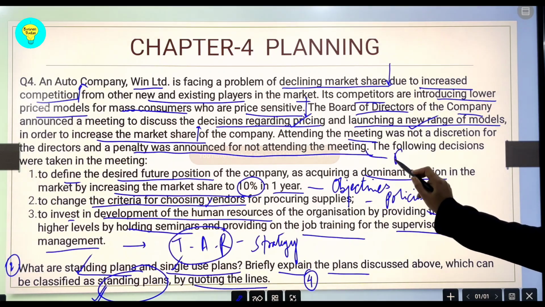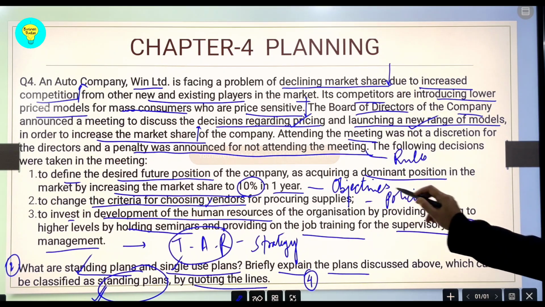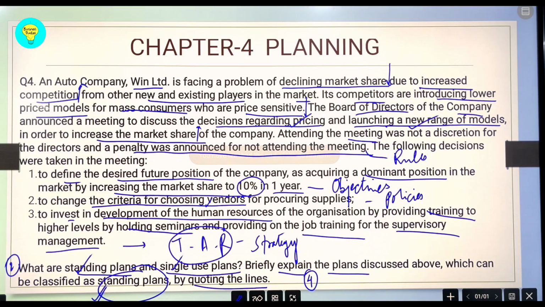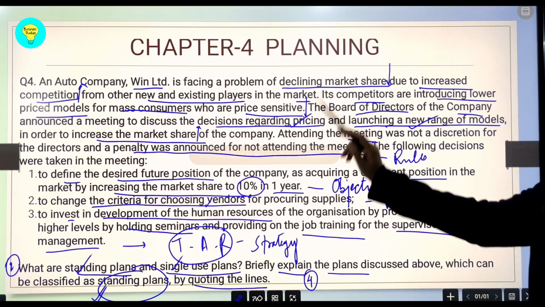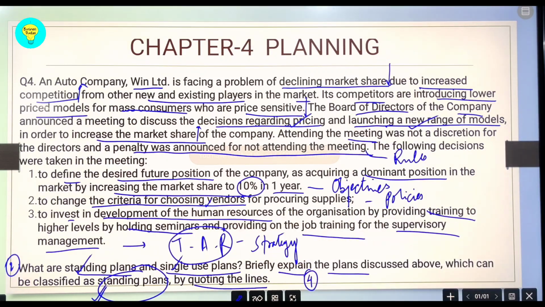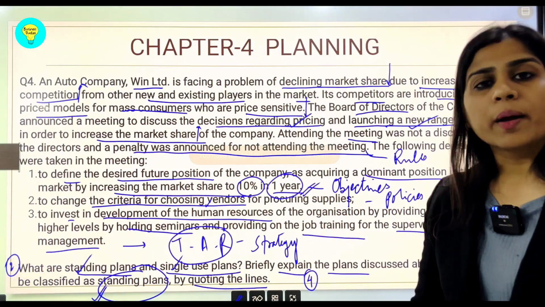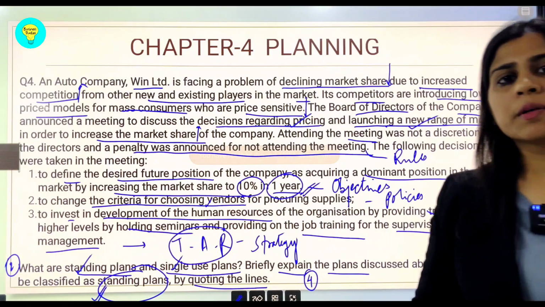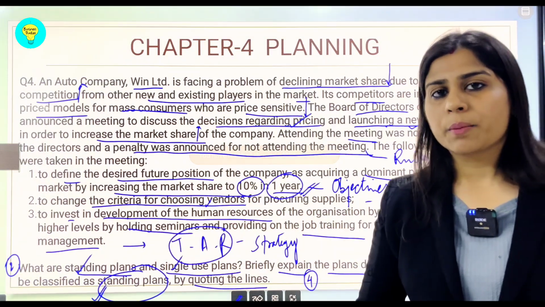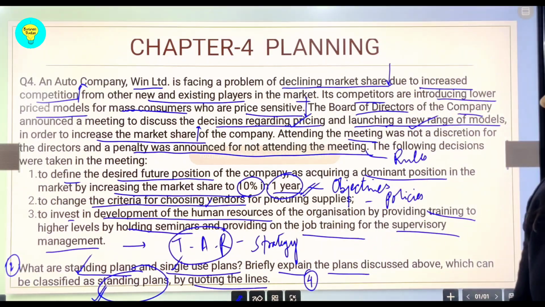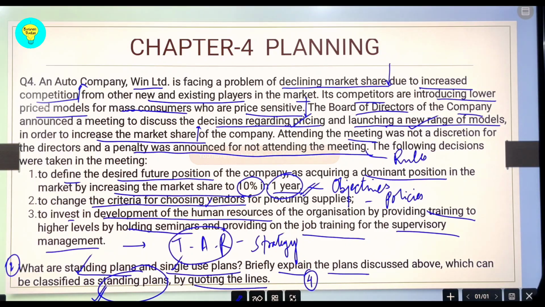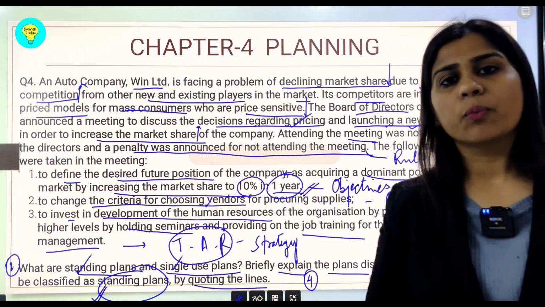Here rules, then policies, then strategies with regard to rivals, as well as the last line, allocation of resources for a longer duration, and objectives as well, because it is a long term objective of 1 year. So, for this particular year it can be treated as a standing plan that the organization has and looks forward to achieve in a span of 1 year.